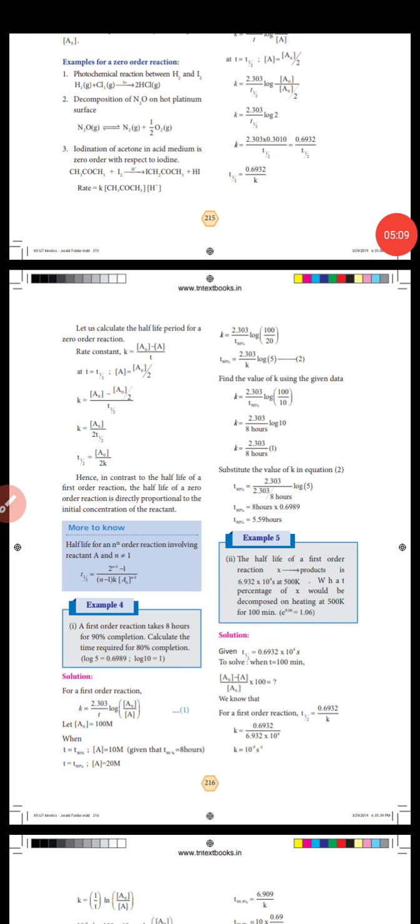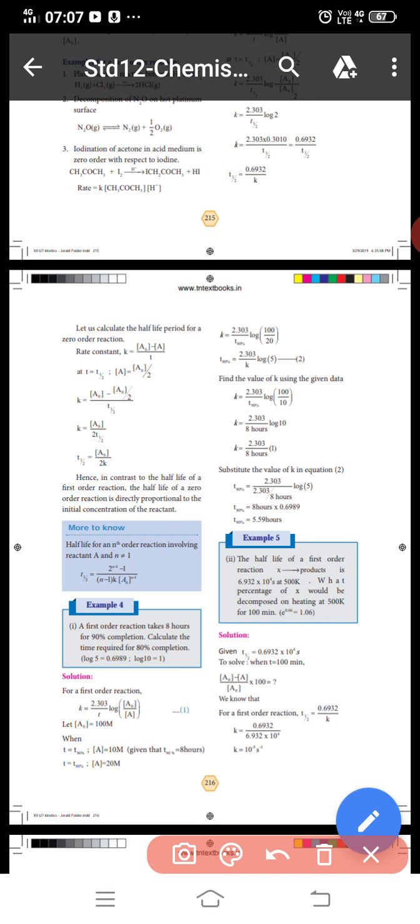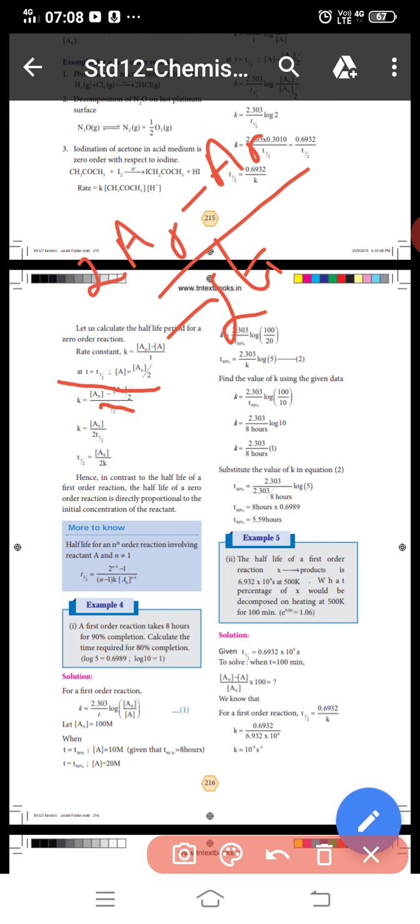The next is the half-life period of zero order reactions. Let us calculate it. The rate constant k is equal to A naught minus A by t. Substituting t is equal to t 1 by 2 and A is equal to A naught by 2, k is equal to A naught minus A naught by 2 divided by t 1 by 2.